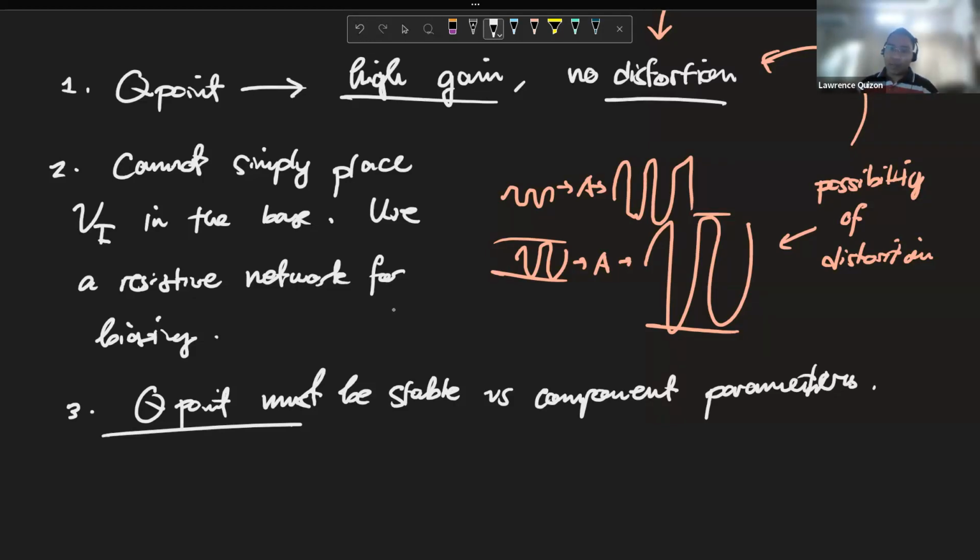Like hindi kapag pinalitan mo yung 2N3904 with another 2N3904, no, which should be nearly the same, no? You don't want your circuit to break, right? So there are analyses that we could do in order to make it more stable against component parameters.